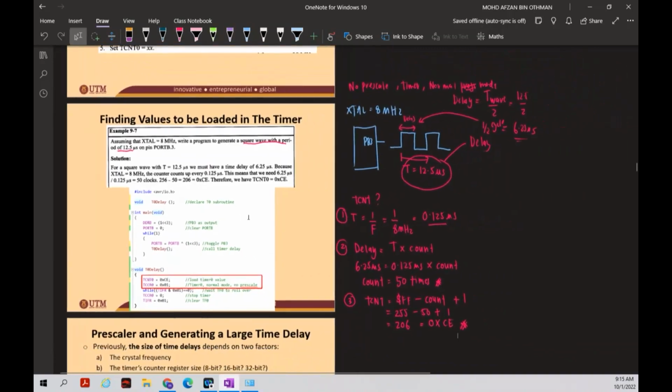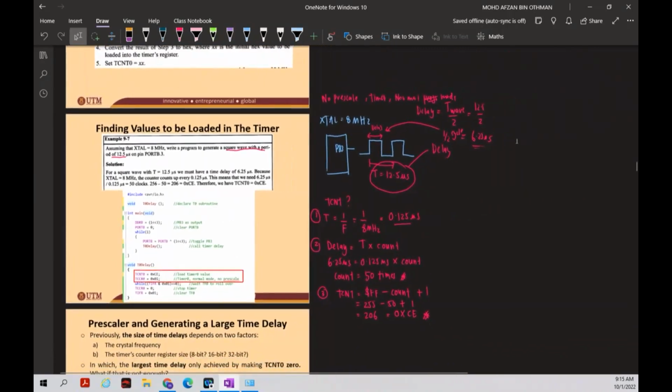Okay, so now you know that you have port B pin number 3. This port B here is used to produce a square wave. So by right, you know that this port B pin number 3, you're going to make it as an output port.